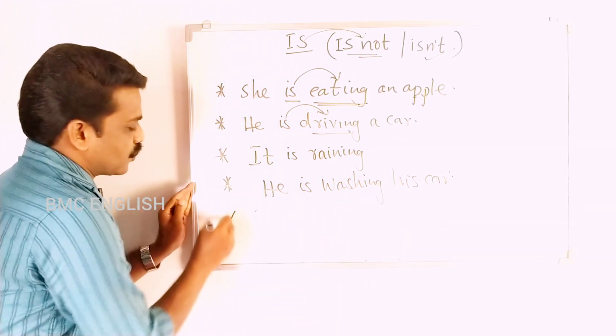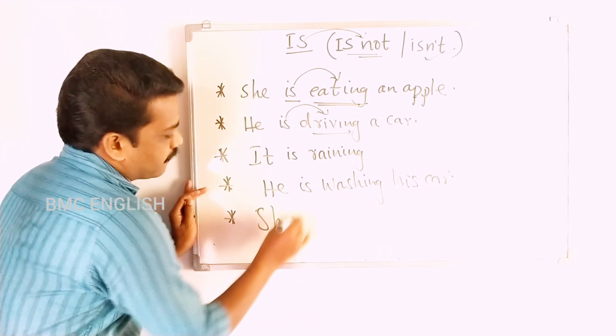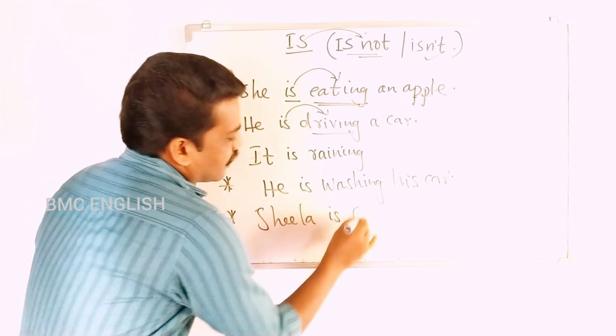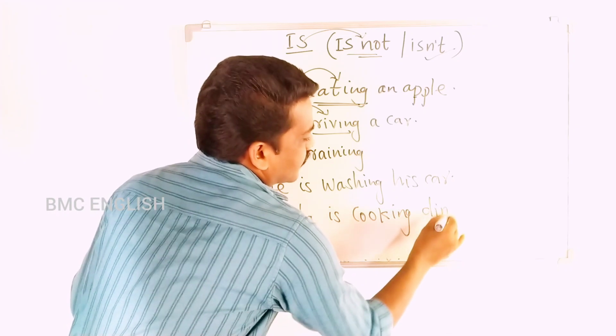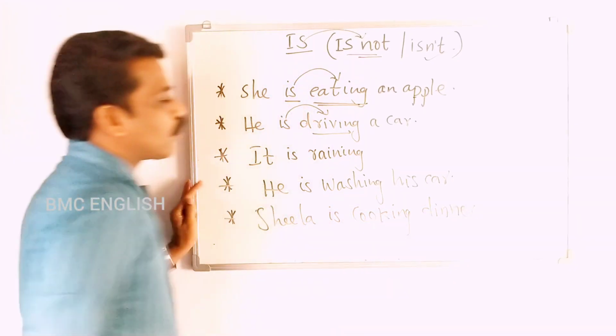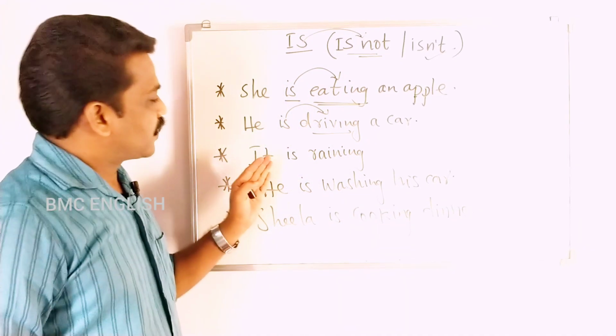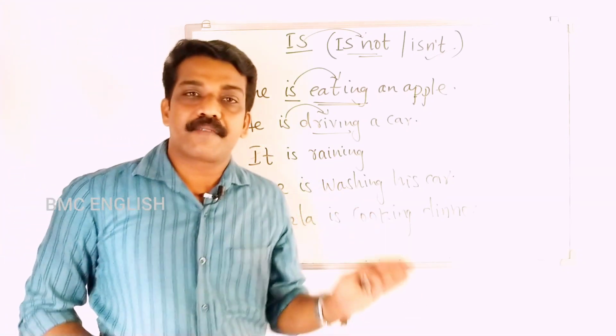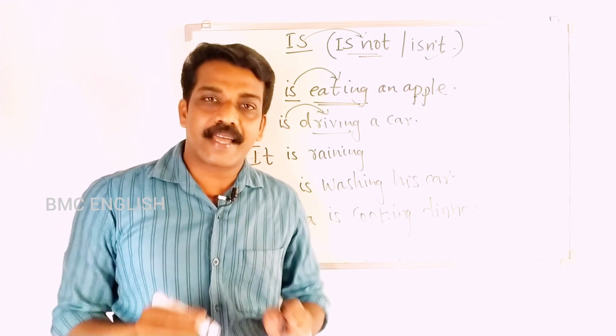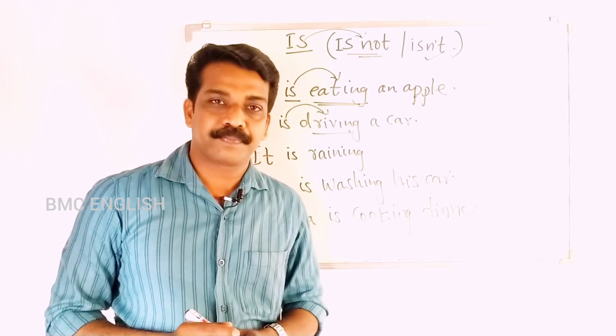Okay, the next one. Sheila is cooking dinner. Look at all these examples. So here "is" plays the role of an auxiliary verb. An auxiliary verb helps the main verb.